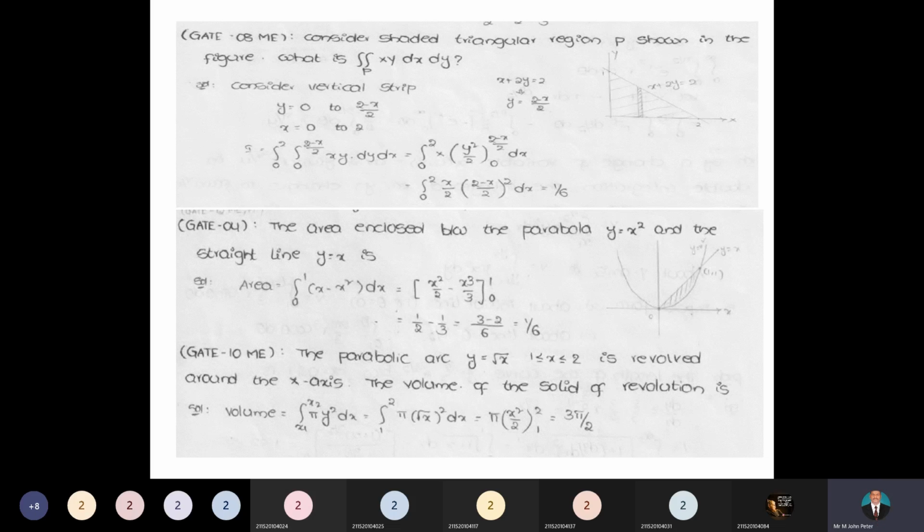That's why we are getting this function by substitution y equal to x square, we are getting x square. So go through that. Next problem.